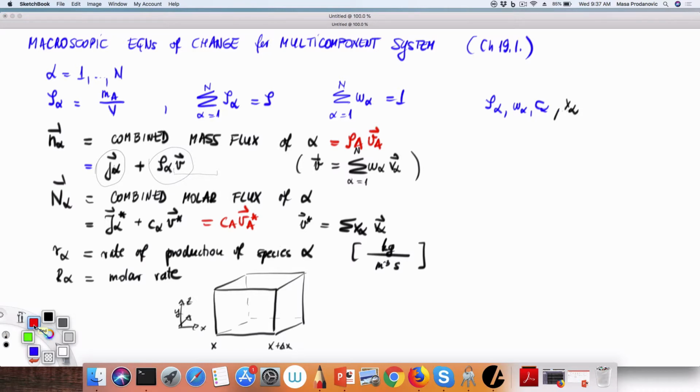So if now I'm looking at what is getting transported in x direction across these sides, my combined addition of species alpha through these faces in x direction is basically N alpha dot dx, right?